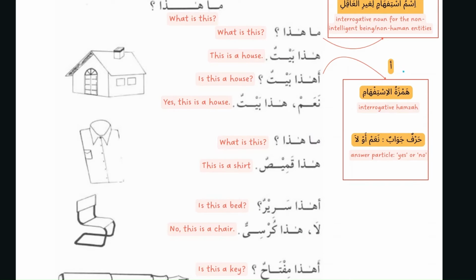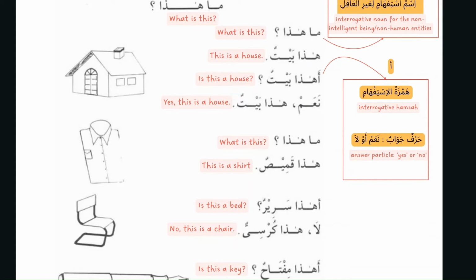Now, what if you want to ask a yes-no question, like, is this a house? It's very simple in Arabic. We use what is called the interrogative Hamzah. This is just the letter Hamzah placed at the very beginning of a statement to turn it into a question. So, if Haadhaa Baytun means this is a house, to ask, is this a house?